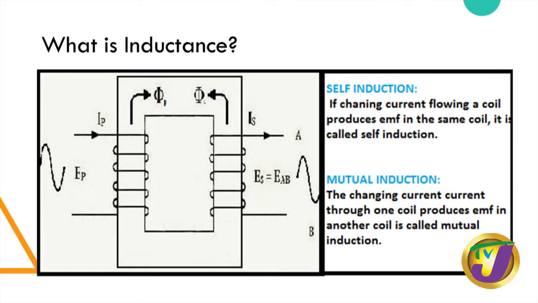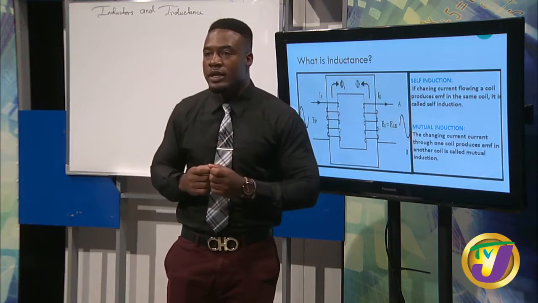All right? Our second method is known as mutual induction. Once you hear the term mutual, you know that this is taking place between two or more parties right off the bat. So we have here the changing current flowing through one coil will produce an EMF in another coil, and this is called mutual induction.